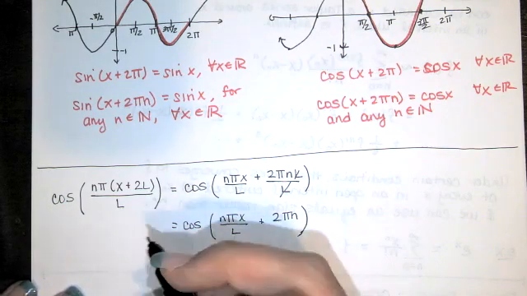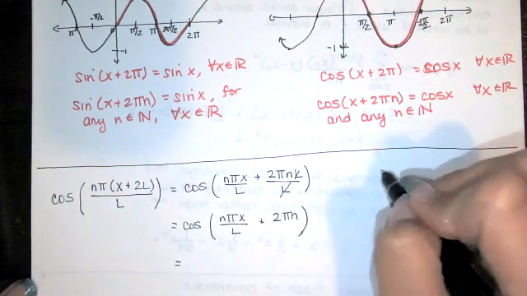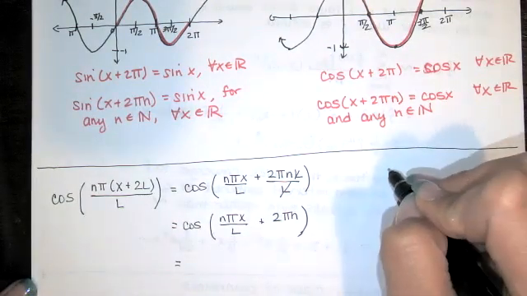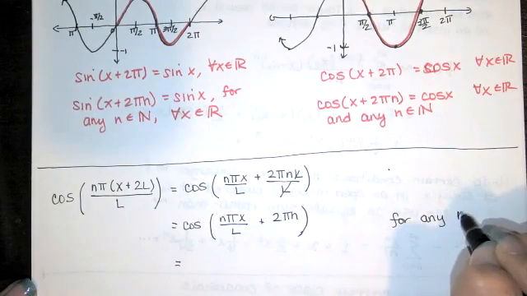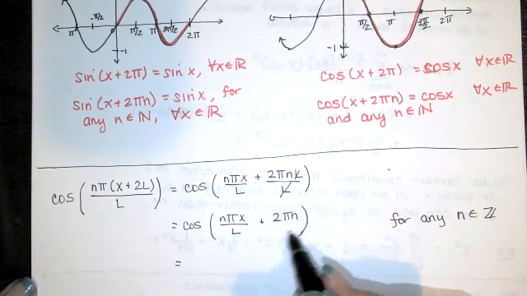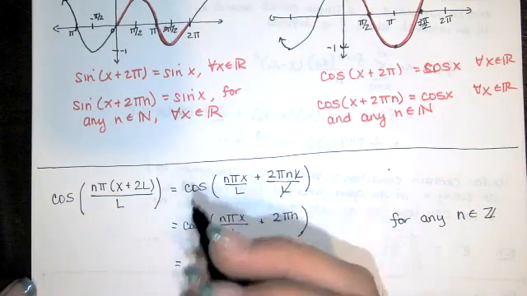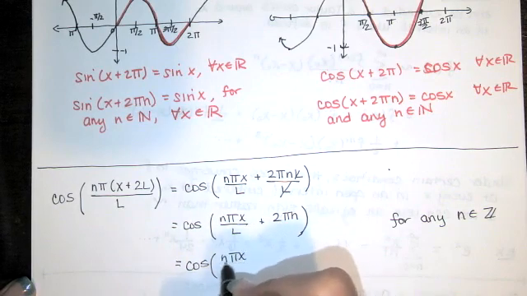It could be 0. This is for, let's say, any integer n. Well, adding that doesn't do anything to my cosine function. So I end up with n pi x over L.